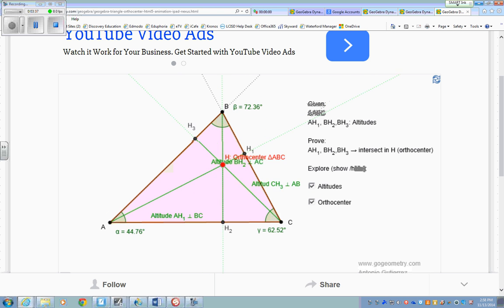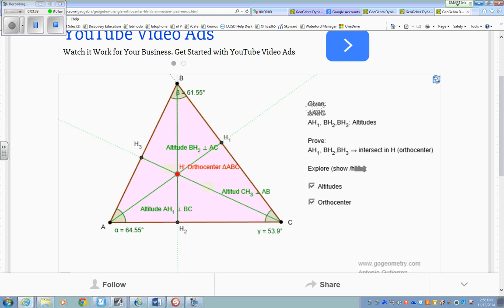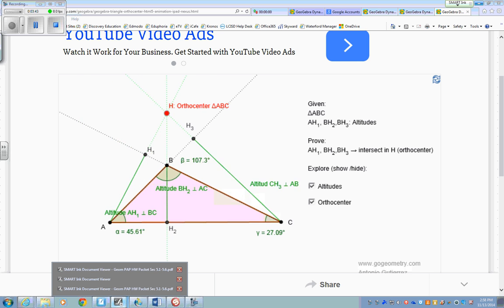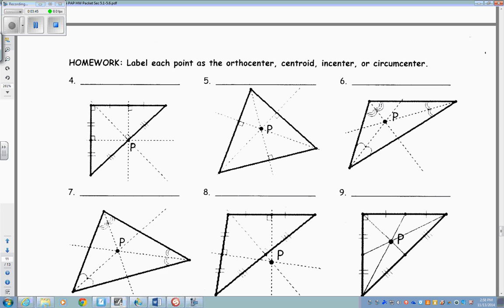Now, how you're going to be assessed is, if I give you the picture, like all the pictures are given to you here, can you identify the type of point of concurrency that they're showing you? Would it be a circumcenter? Would it be an in-center? Would it be an orthocenter? Would it be a centroid?